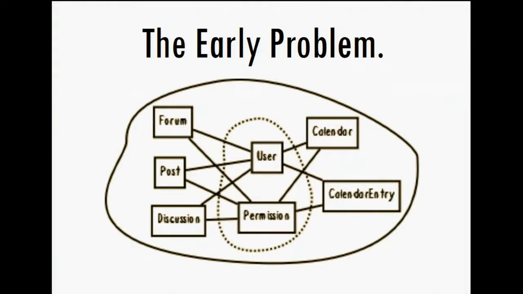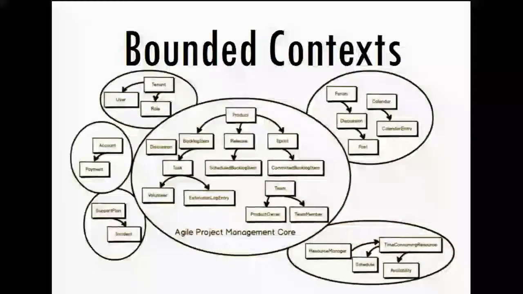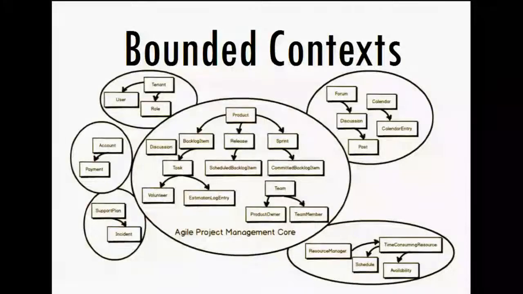You're talking about the owner of the calendar. So as far as the ubiquitous language is concerned, none of these concepts really fit in, or I should say user and permission didn't fit in at all. So this was an early problem that was discovered, and eventually by using the strategic design parts of DDD, they were able to discover that.